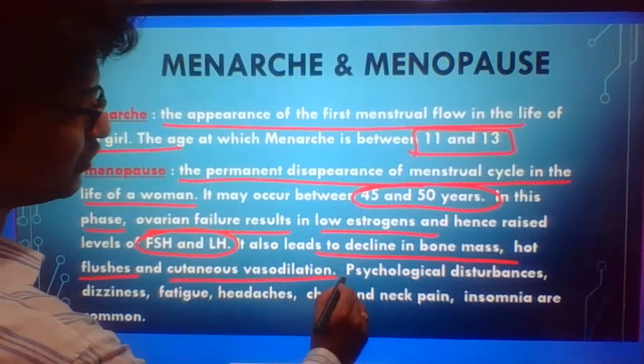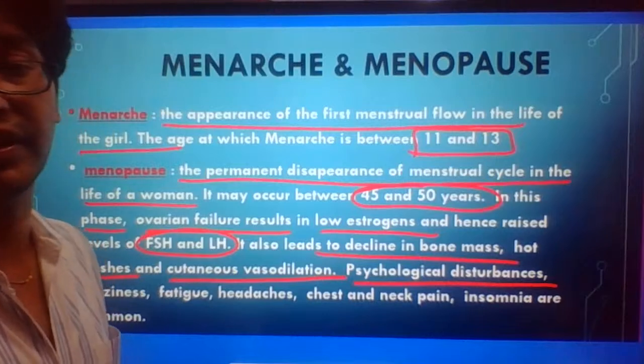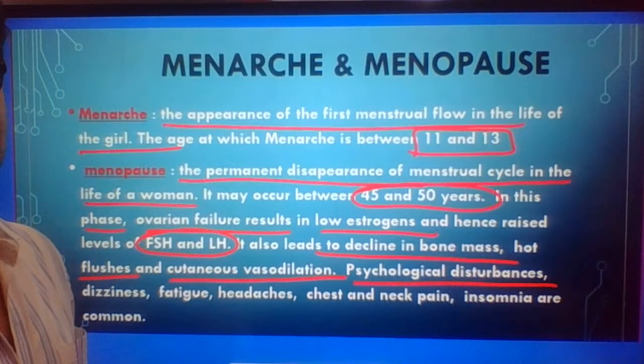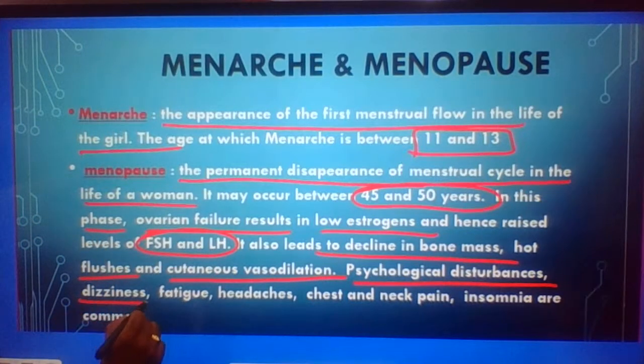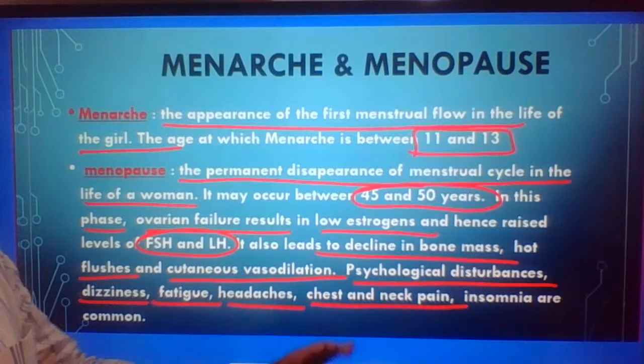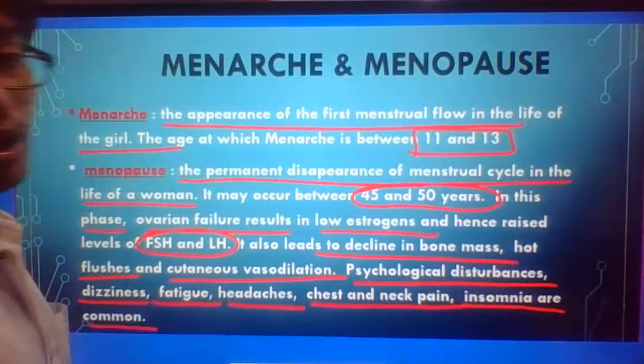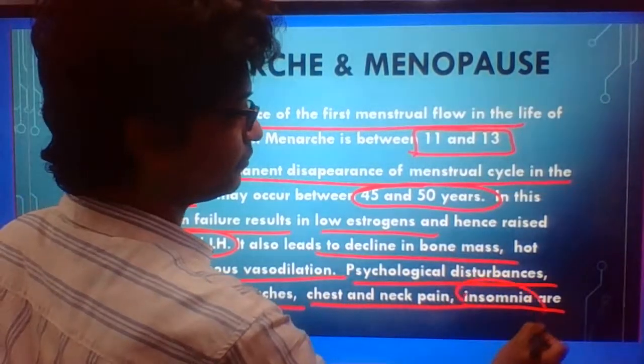Then cutaneous vasodilation, psychological disturbances, சின்ன சின்ன விஷயத்துல disturb ஆவாங்க, psychologically கொஞ்சம் disturbing ஆ இருப்பாங்க. Then dizziness, fatigue condition, தலைவலி, headache, chest and neck pain இருக்கும். Insomnia are common. So what is insomnia? What do you mean by insomnia?